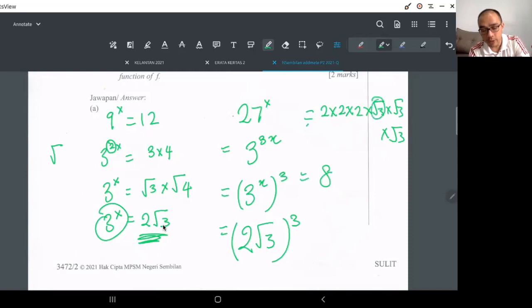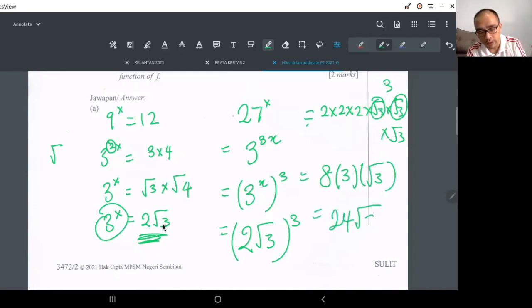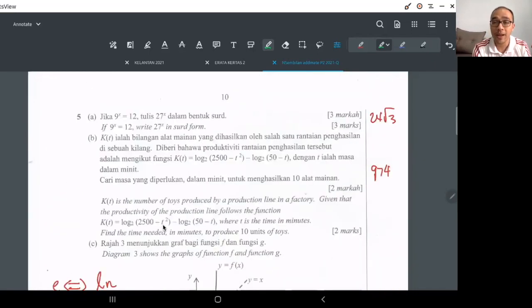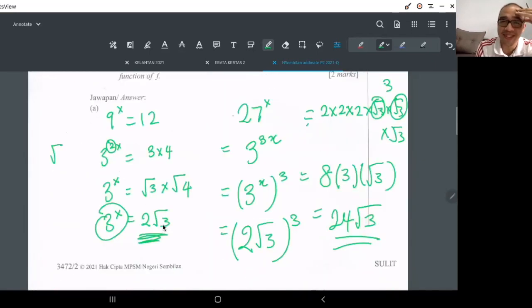Square root 3 times square root 3 is 3. 3 times square root 3 will be 3 square root 3. So 8 times 3 will be 24 square root 3. And this will be your final answer. All this for 3 marks. Wow. Yeah, but that's how you do it.